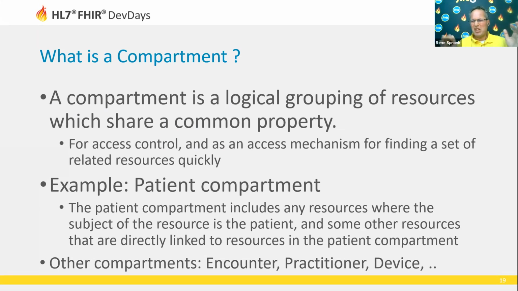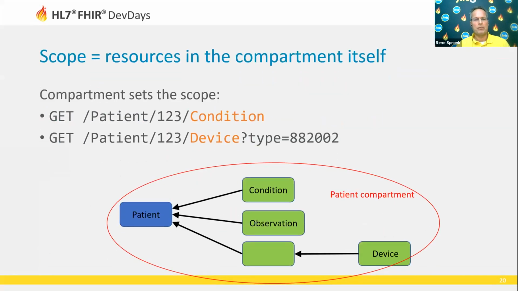So let's say it's the clinical resources, the electronic healthcare record, the stuff that's pretty closely related to a particular patient resource. There are also other compartments, encounter, practitioner, device, and a few others. But we're going to focus in our examples on this patient compartment because it's the most intuitive one.